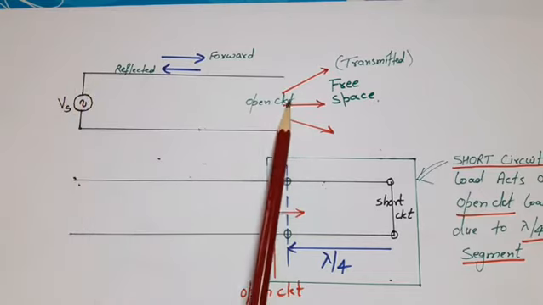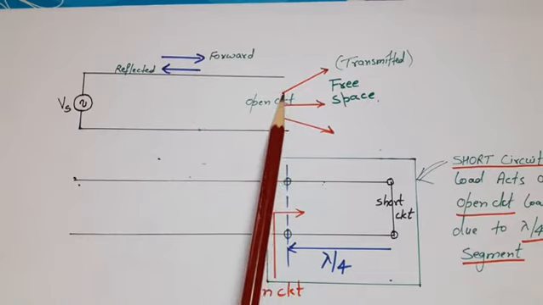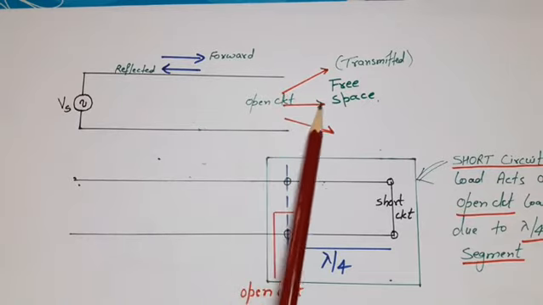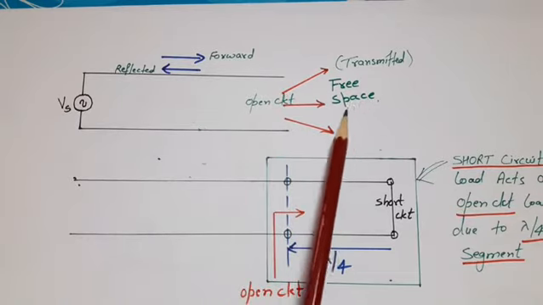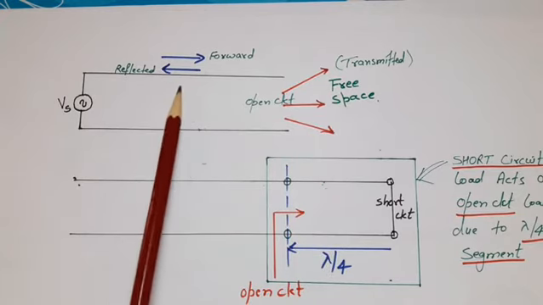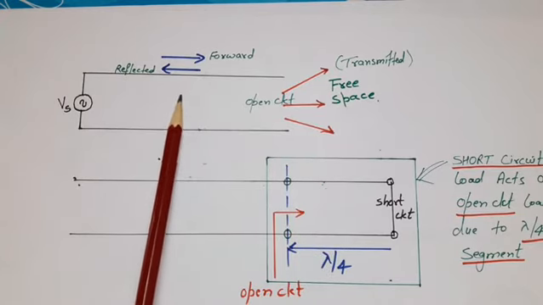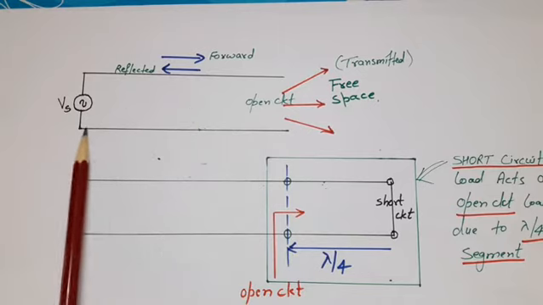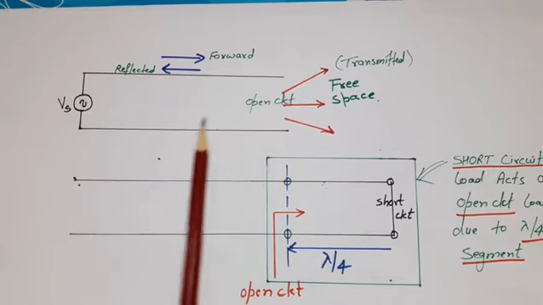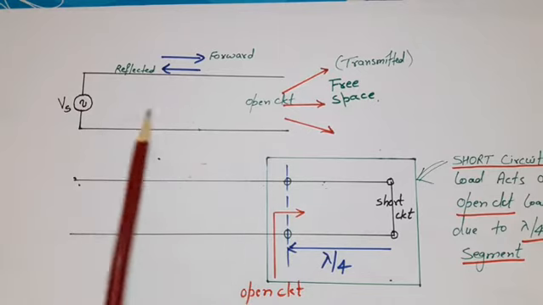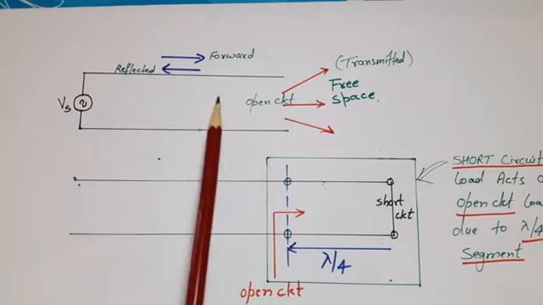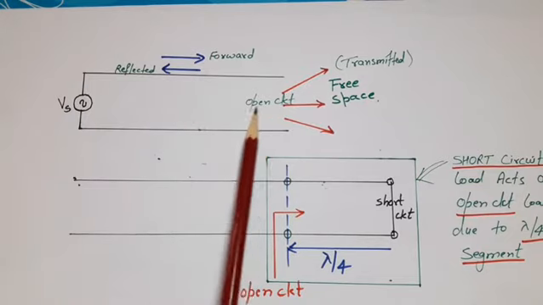But in actual practice, due to the open circuit, some power gets transmitted into space, and that's why the reflected power is not the same as it should be theoretically, and therefore we get error in voltage and current values throughout the transmission line. So this structure is not appropriate to analyze an open circuit condition.